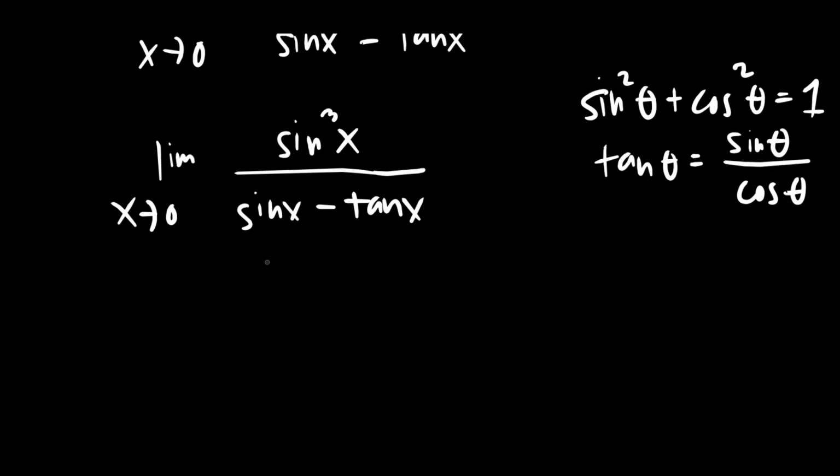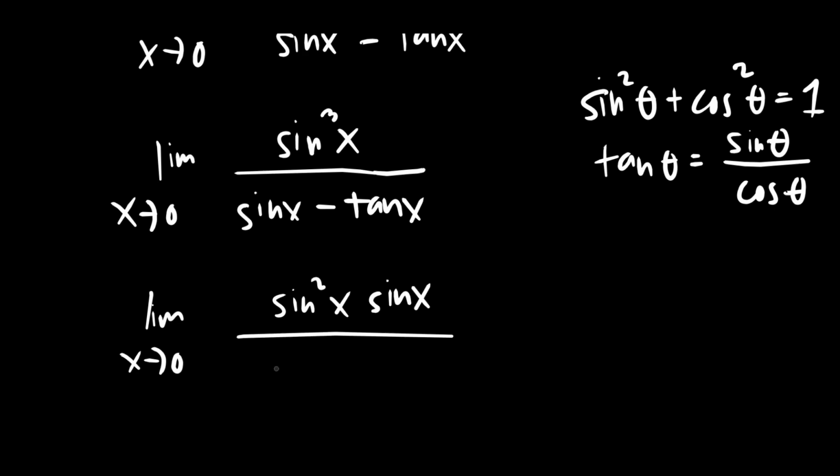We'll have a limit as x approaches 0 of sine squared x times sine x all over sine x minus sine x all over cosine x.